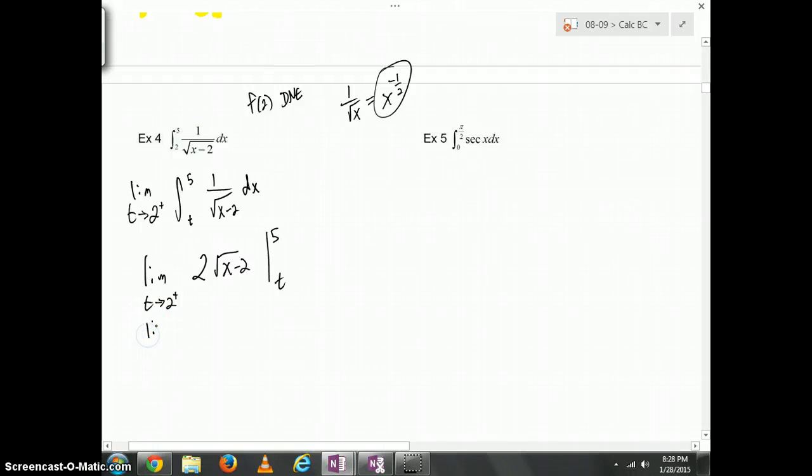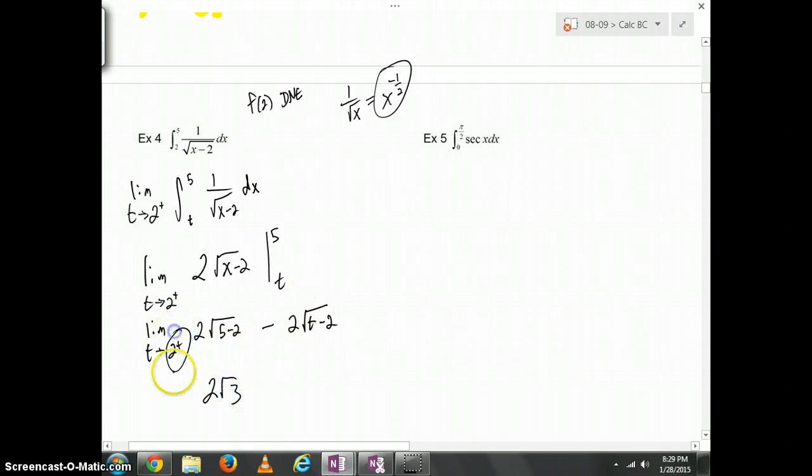Finish this up with the fundamental theorem, and we can see quickly this becomes 2 times the square root of 5 minus 2 minus 2 times the square root of t minus 2. Now, of course, 5 minus 2 is 3, so this would become 2 radical 3.